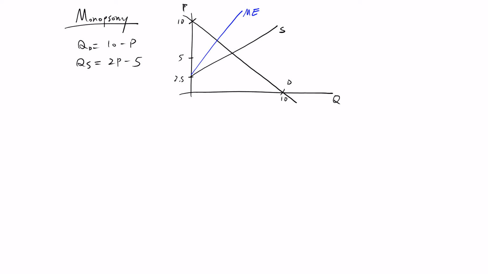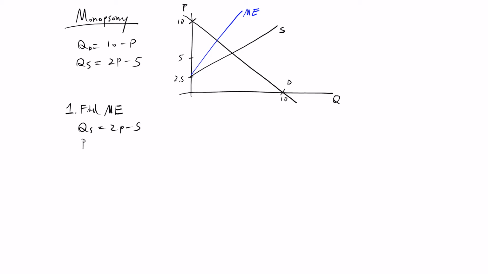So you go from QS equals 2P minus 5 to find marginal expenditure.